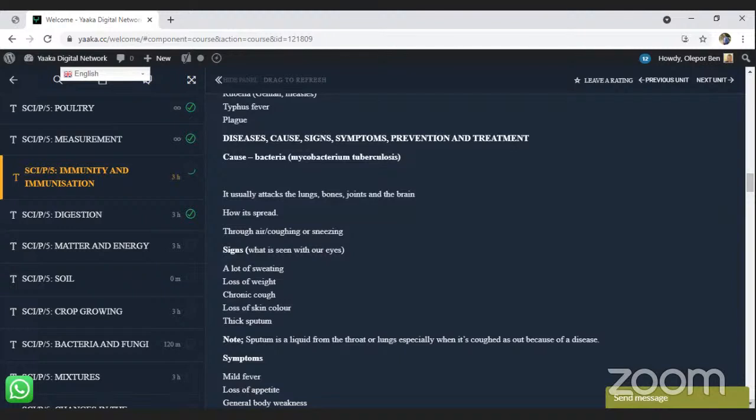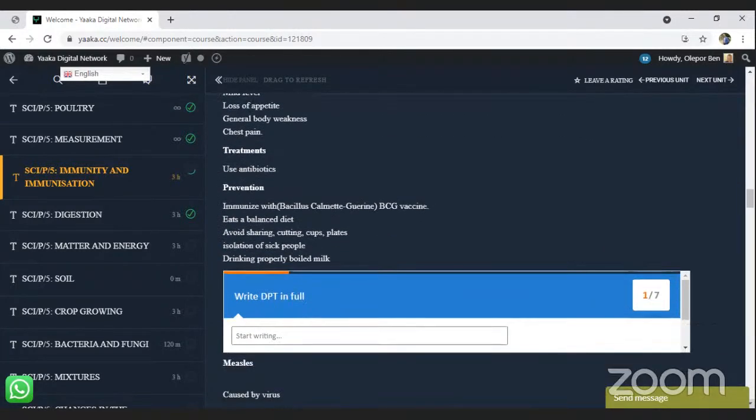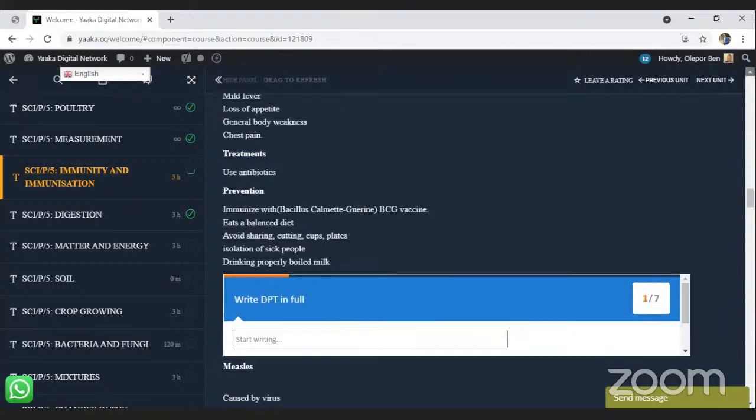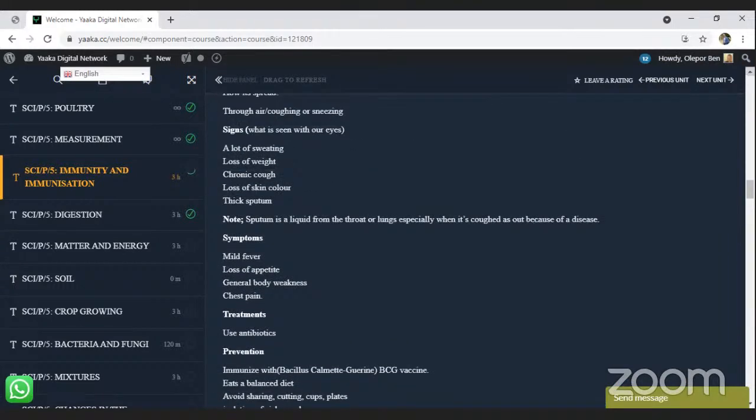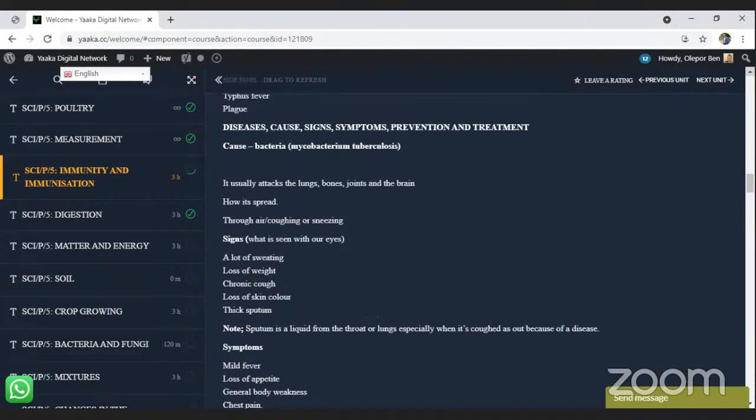Effects: tuberculosis leads to death if not prevented or treated. Prevention: take the infected person to the hospital for treatment.